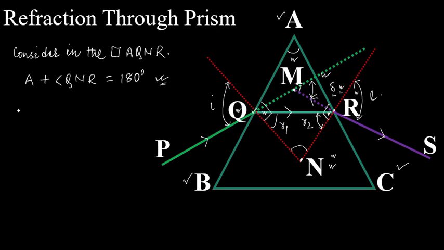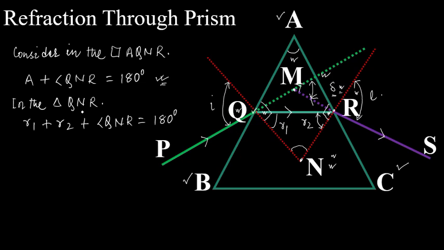So we write down in the triangle QNR, R1 plus R2 plus angle QNR equal to 180 degree.